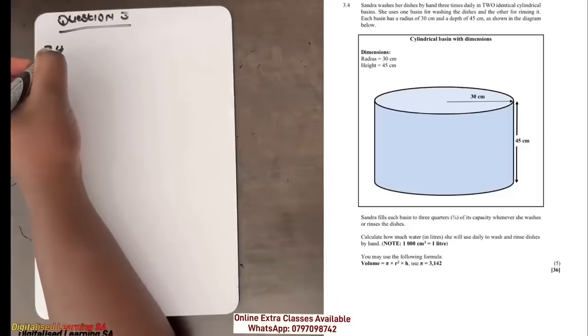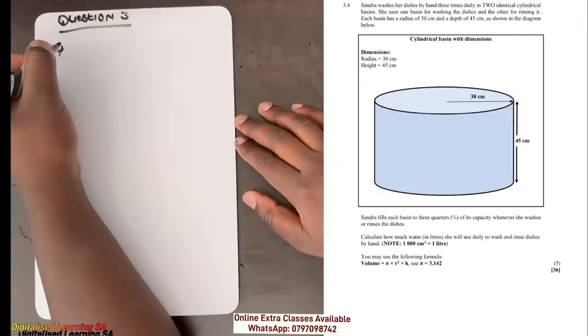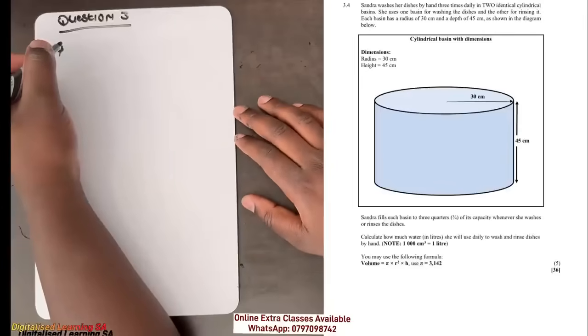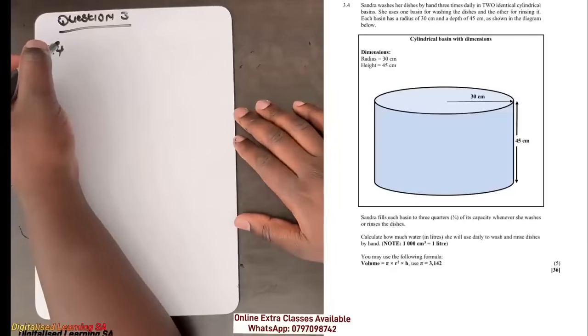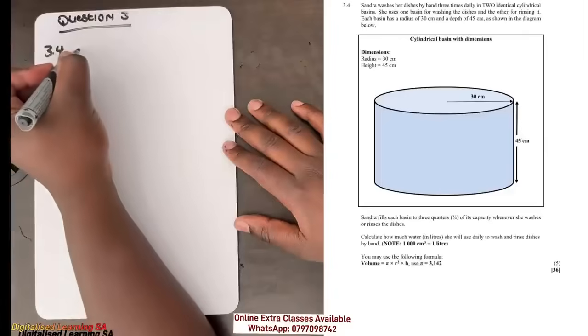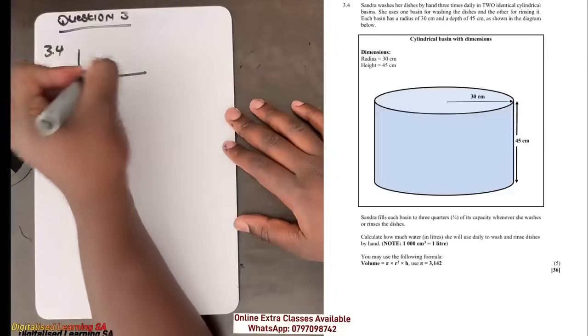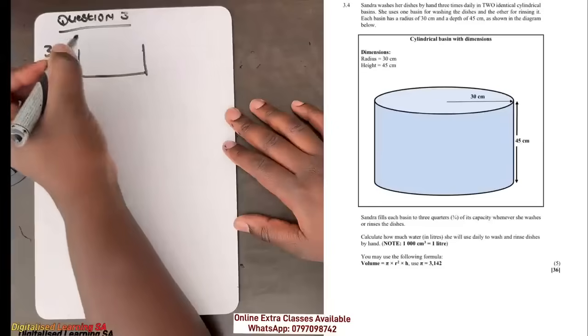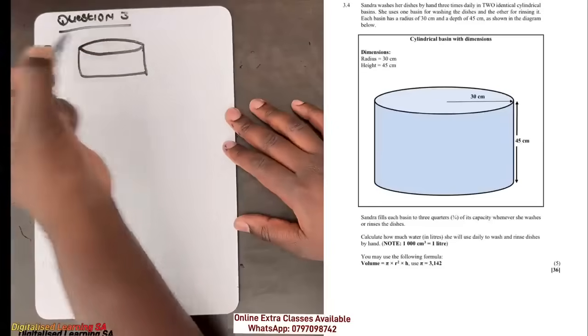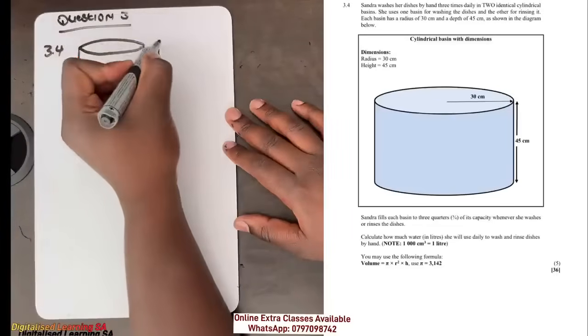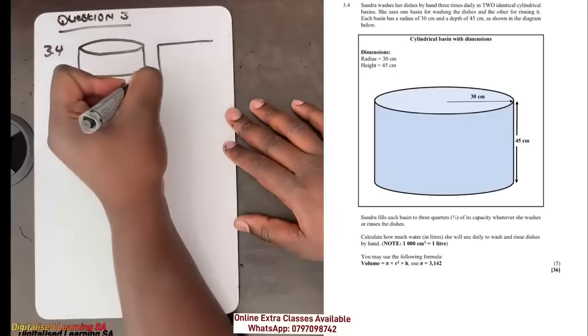3.4. So we are told that Sandra washes her dishes by hand 3 times daily in 2 identical cylindrical basins. So we are told that she washes her dishes 3 times in a day, and she washes them in 2 cylindrical basins.